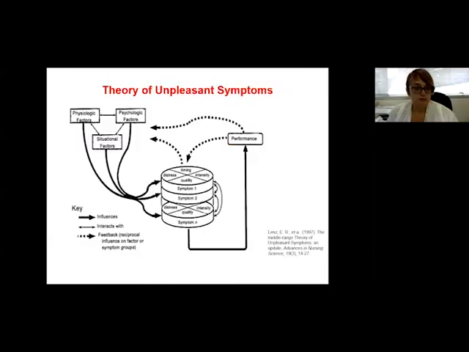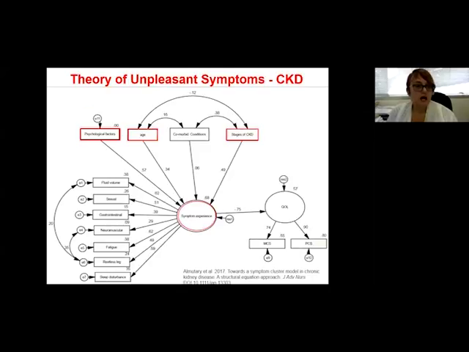So the psychological, physiological and situational factors in our research are the psychological factors associated with that symptom cluster that I've just mentioned, the age of the patient, the stage of their chronic kidney disease, and their comorbid conditions. And this is what we found was influencing the symptom experience.